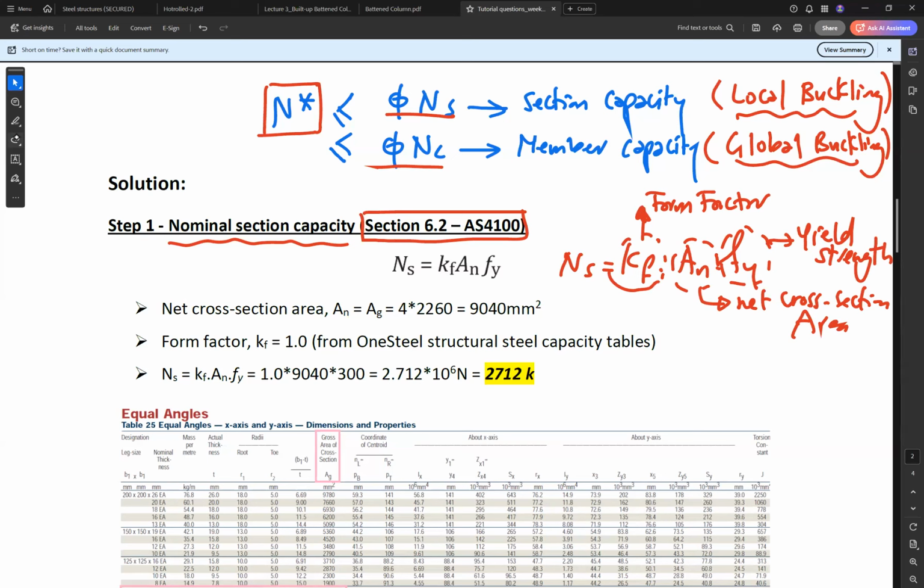So the net cross-section area An will be equal to A gross, by assumption, and will be equal to 4 times the area of one equal angle.